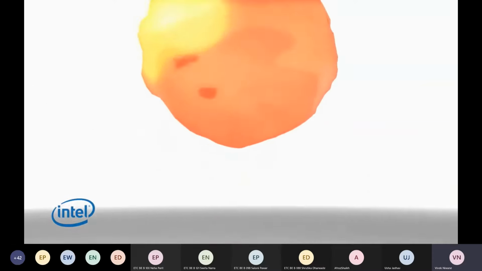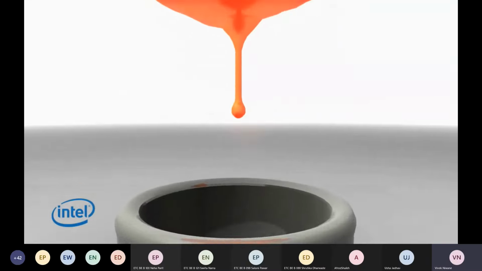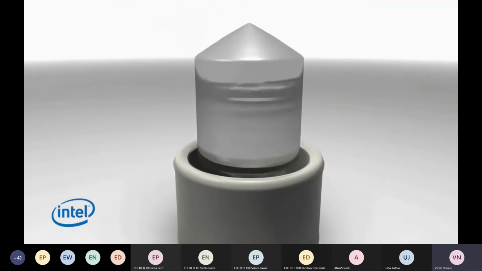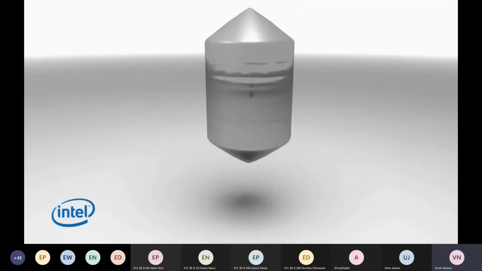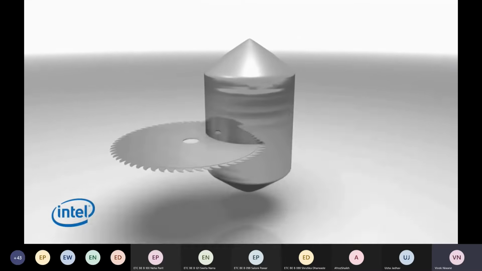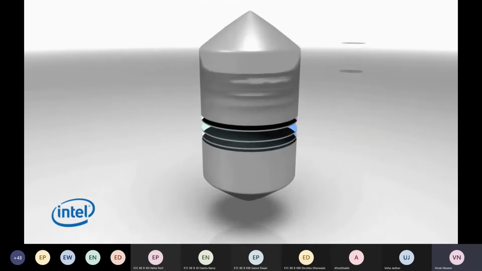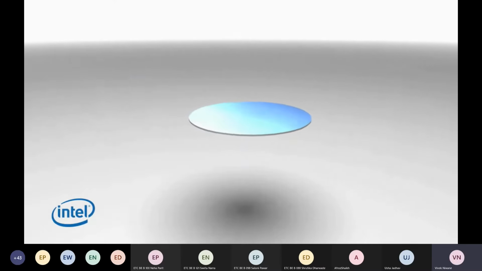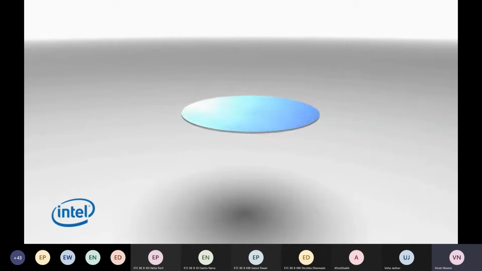So here we have molten silicon, which is 99.99% pure. And we are now going to make slices out of it. So this one slice is called a wafer, and we have lots of chemical processes on that wafer.